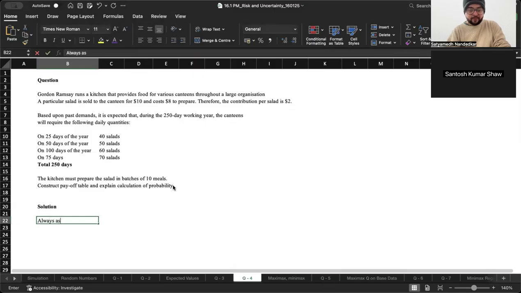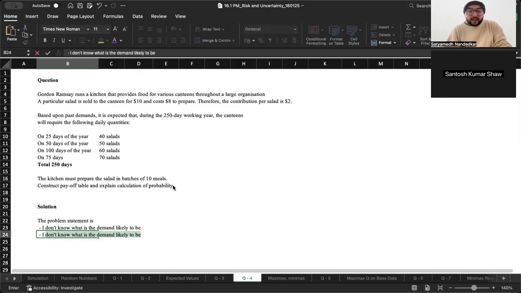Okay, so always ask the question, while constructing a table, you need to first of all know what is the problem. The problem statement is: I don't know what the demand is likely to be. Okay, I can supply 40 or 50 or 60 or 70.